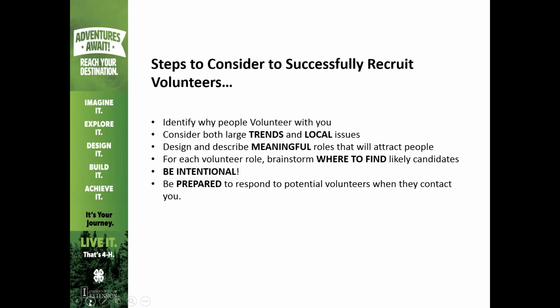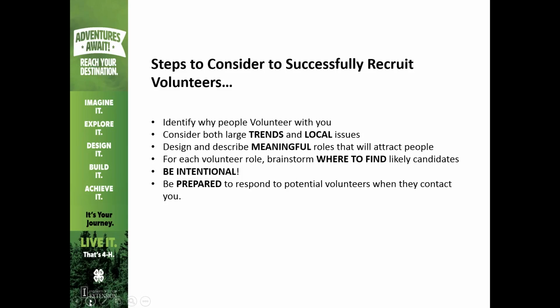So the steps that we emphasized with our staff were really more things about, why do people volunteer for 4-H? We really felt it was important that staff get a good understanding of the why behind that so that they could be more effective and intentional in thinking about how, understanding and connecting that why to what they needed to do and how they needed to market their volunteer opportunities.